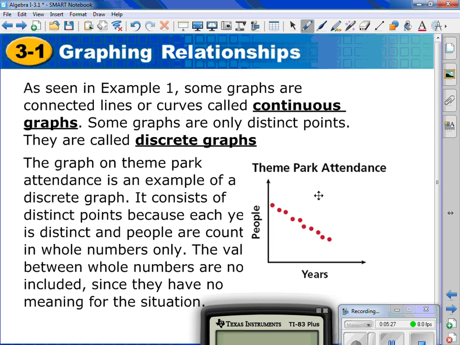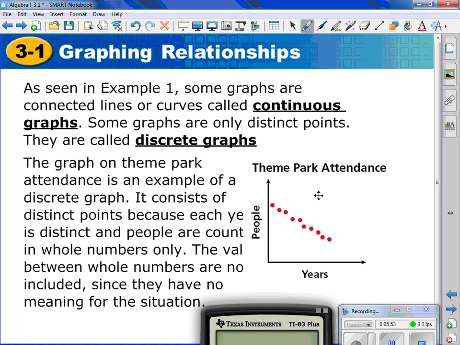As seen in our first example, some graphs are connected lines. If they're connected lines or curves, those are called continuous graphs because it's just a set of continuous dots that are connected. Some are only points, distinct points. Those are called discrete graphs.